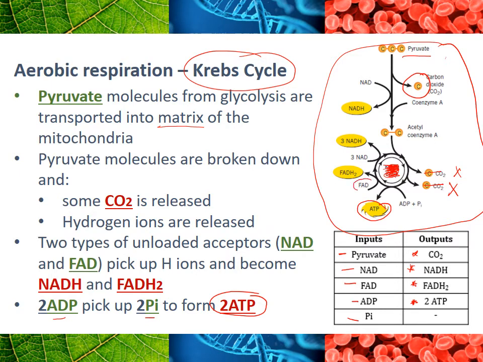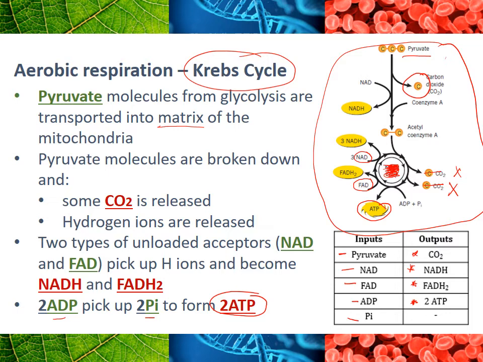Hopefully, you would know that FAD and NAD are only used in respiration, that this is not about photosynthesis, and you would then need to be able to decipher, well, what isn't being shown here? Okay, maybe we're talking about the carbon dioxide that is produced as an output here. Okay, so these diagrams, I know they can look a bit confusing, but they do tend to show up in the exam a little bit.